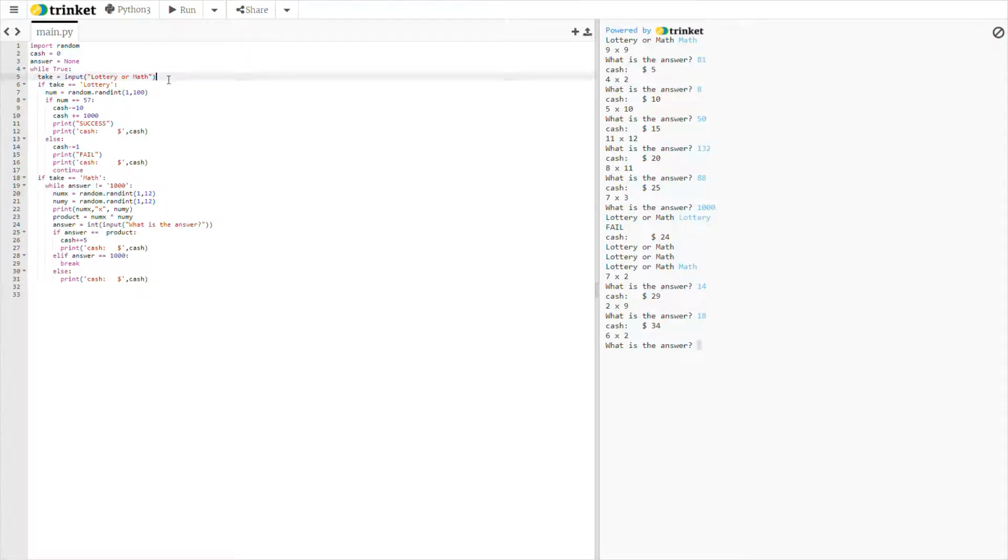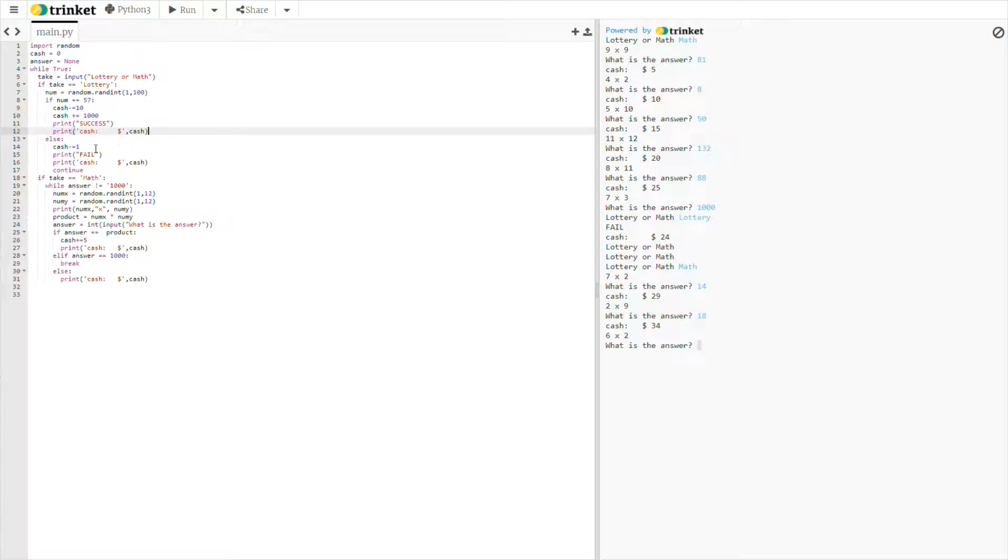So we take the input, lottery or math, which is what we see here. If I enter lottery, which I didn't, then if the number generated is equal to 57, so it's a 1 in 100 chance, it takes away 10 cash to play, but it adds 1,000 cash if you win.